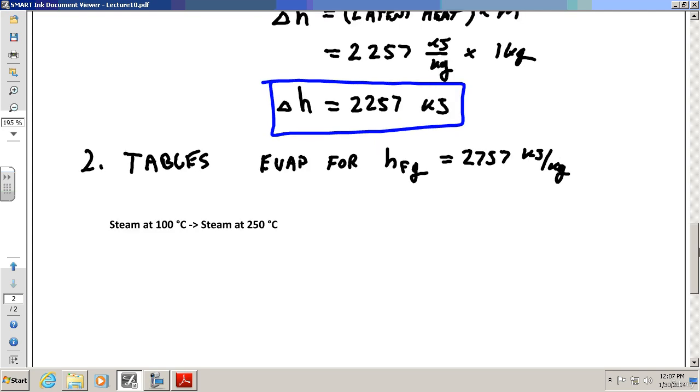Lastly, steam at 100 degrees Celsius to steam at 250 degrees Celsius. Now we're heating it up even more, okay? Can you apply specific heats for gases? Yes. The answer is yes. So specific heats can also be applied to gases.